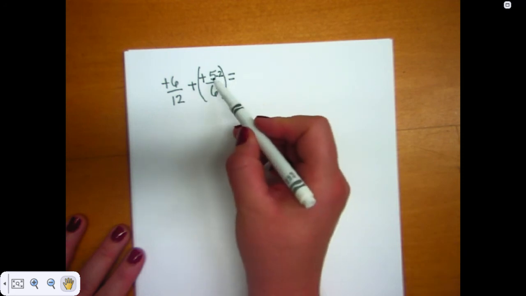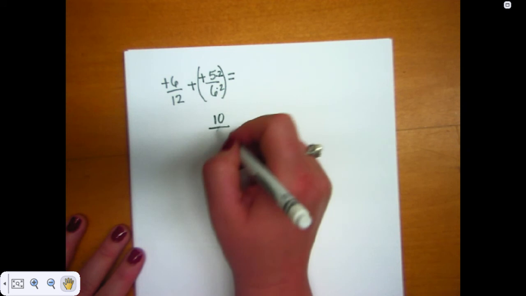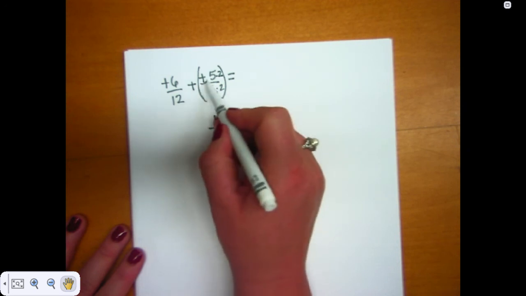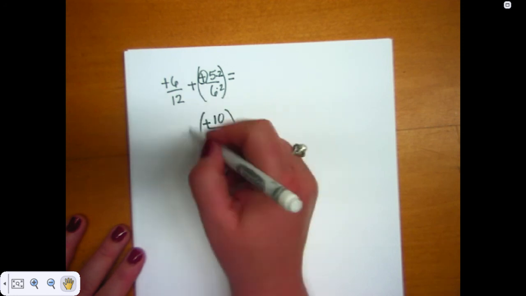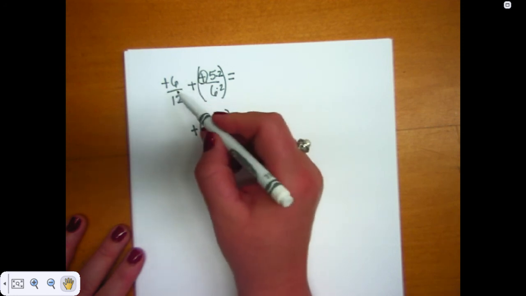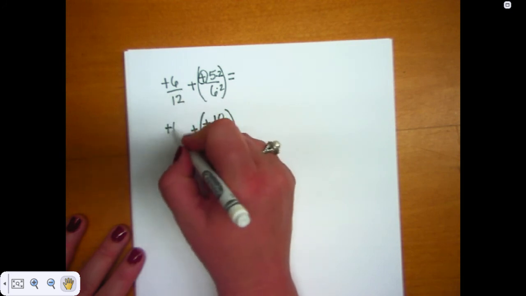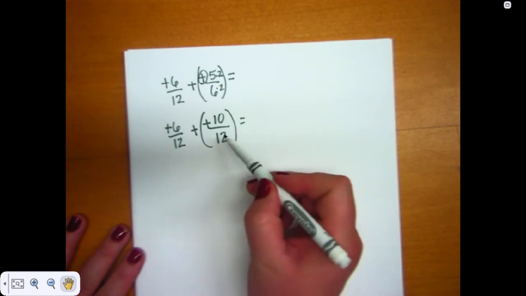So I have 5 times 2 is 10, and 6 times 2 is 12, and my sign is positive. That comes with it. Now I'm going to bring down the rest of my problem. I don't do anything to this one because it is already positive 6/12. Now, do I have the same denominator now?